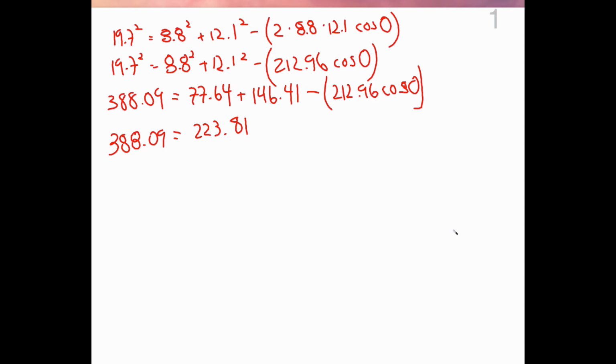But wait, 8.8 squared is 77.44964. Uh-oh. Crikey. All right, erase this. It's 4. Yes. Okay, so that would give me what here? 223.85 minus 212.96 cosine of O. What do we do next?